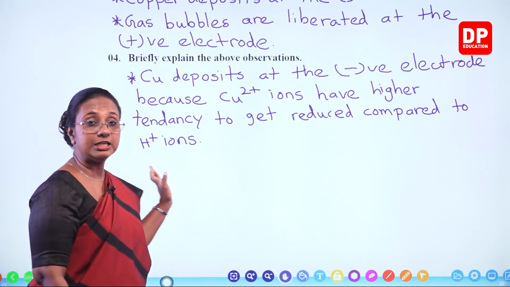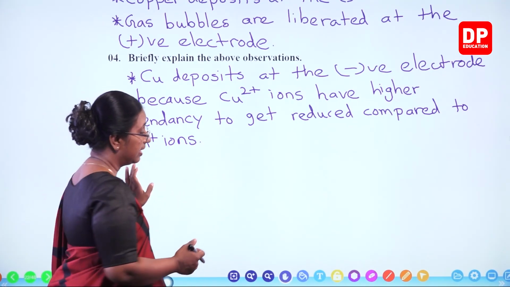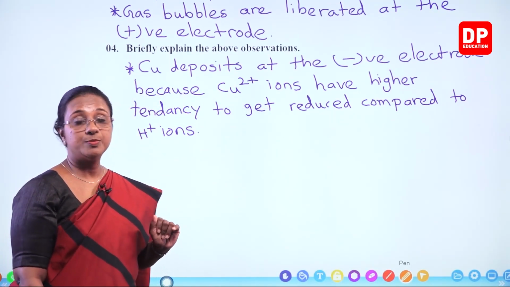We have already written the reduction reaction, so we don't need to rewrite it again. At the same time, there are sulfate ions and OH- ions.